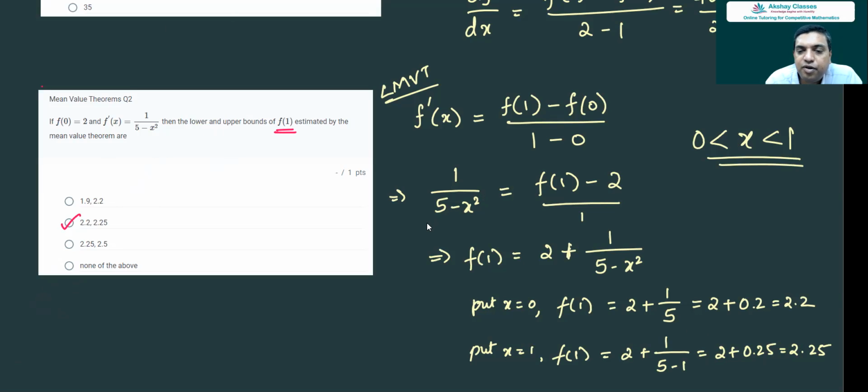Up to here, everybody must have done it. I have no doubts about that. Most of you must have done it up to here. After here, you just have to identify how you will find the lower and upper bounds. For that, we have to understand that we are applying on the interval 0 to 1. That's it.